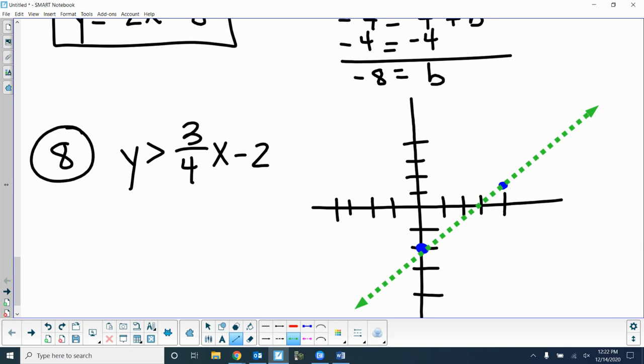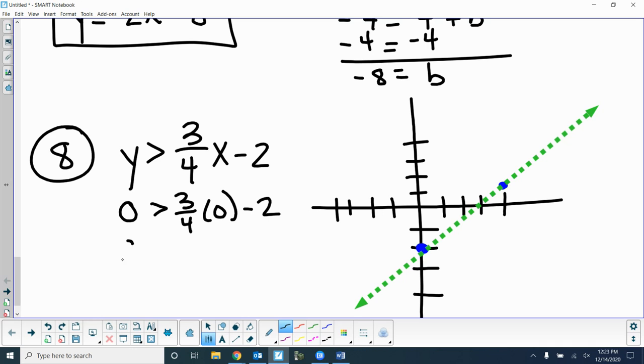And then how do I figure out which side to shade? Yeah, usually greater is above, right? To make sure, we plug in the point (0, 0), right? So I'm just going to make sure I get 0 is greater than -2. That's a true statement, right?